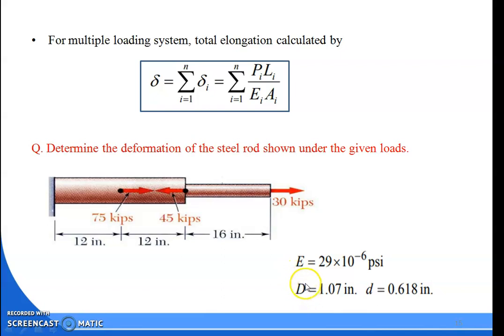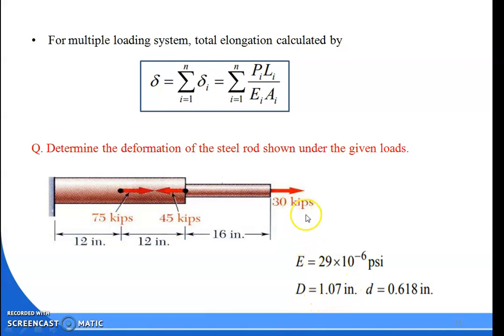Capital D represents the diameter of this part, and small d represents the diameter of this part. While calculating the area of this part, we take the diameter as 0.618 inch, and for this part we take capital D, which is 1.07 inch.